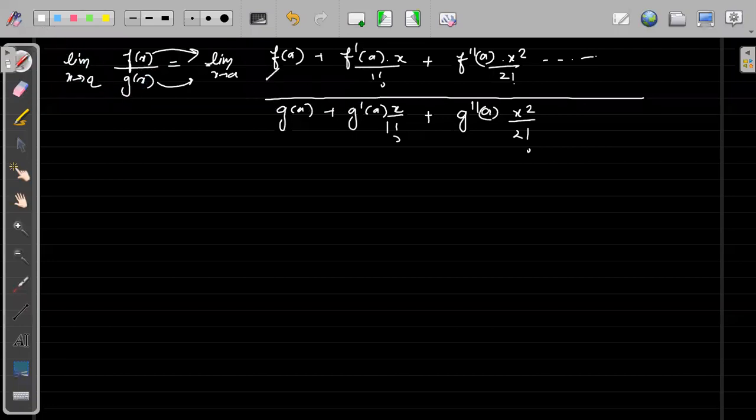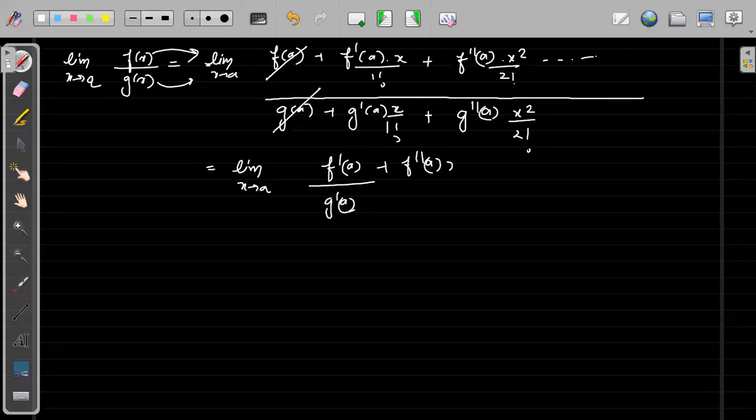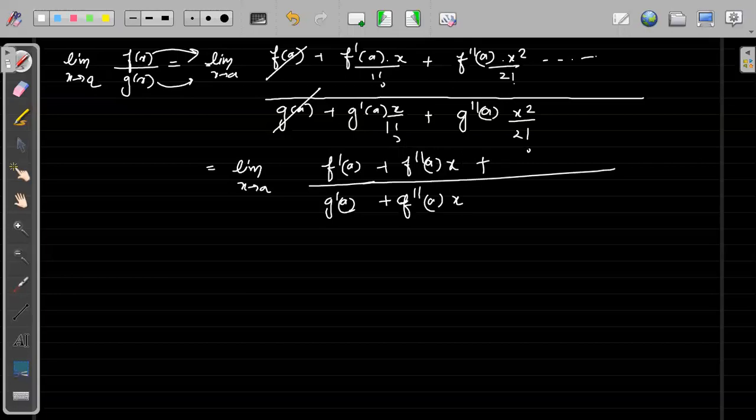Now we know that f of a and g of a are both 0. So we can take x common, and this becomes f dash a upon g dash a plus f double dash a into x by 2 factorial, and g double dash a into x by 2 factorial, and the remaining terms will have x square, x cube, and so on.